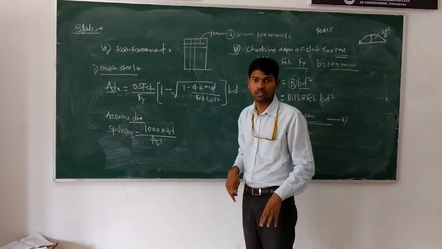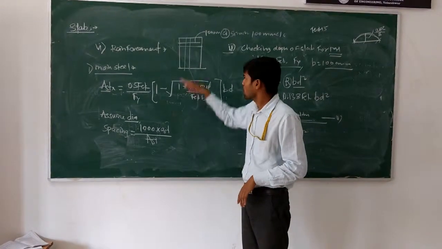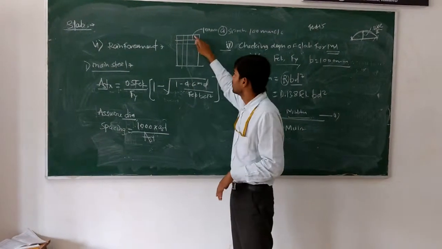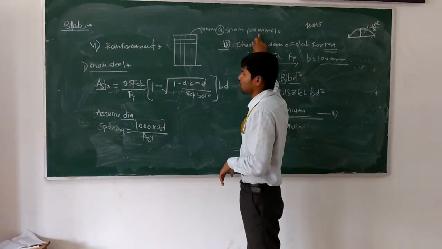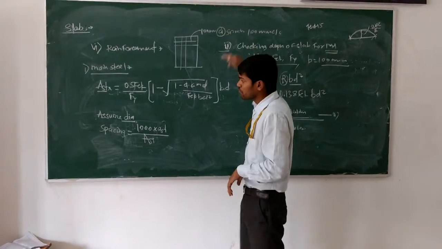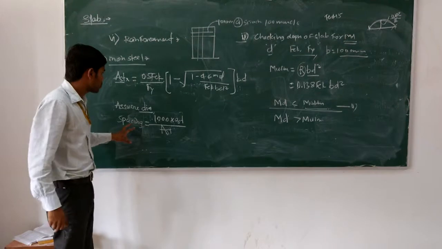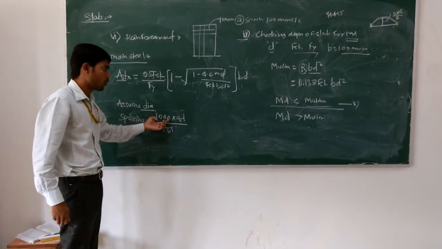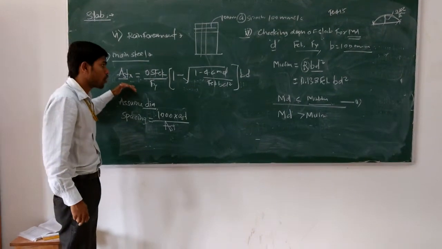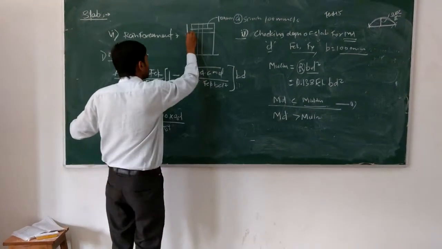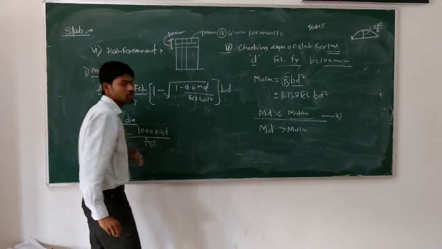Then the site engineer will make the bar bending schedule and place the appropriate diameter bar at the appropriate spacing. So we have to assume the diameter and then calculate the spacing. In the spacing formula, 1000 is used because we have calculated this amount of steel for a unit width of slab, which is 1000 mm or 1 meter.